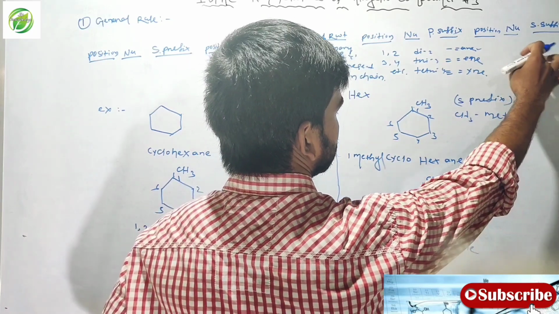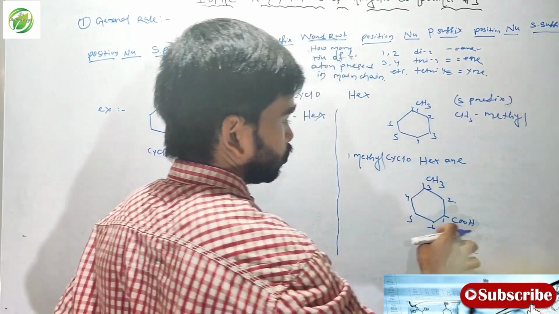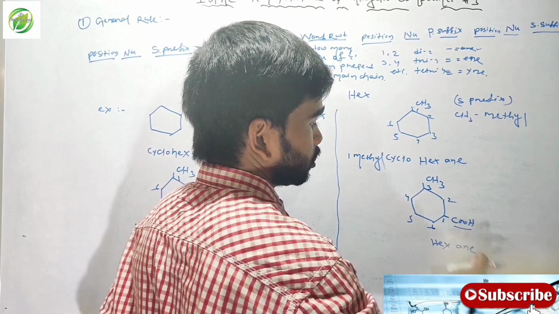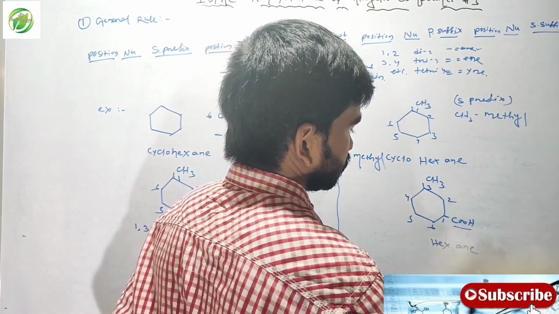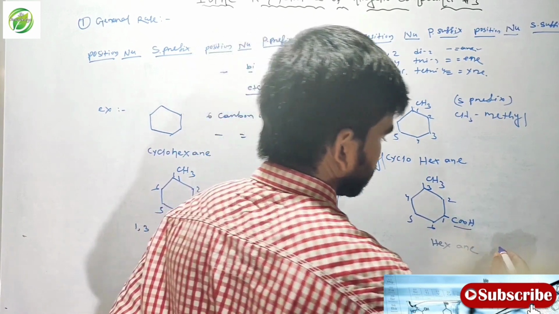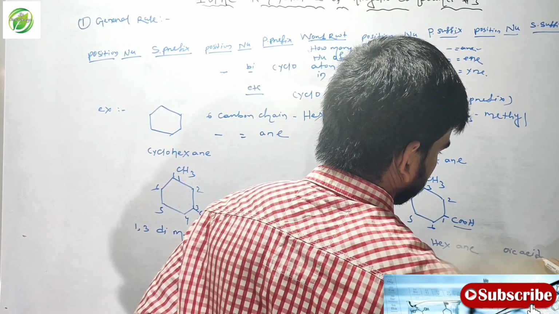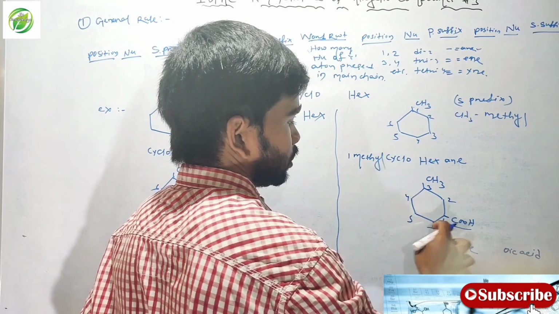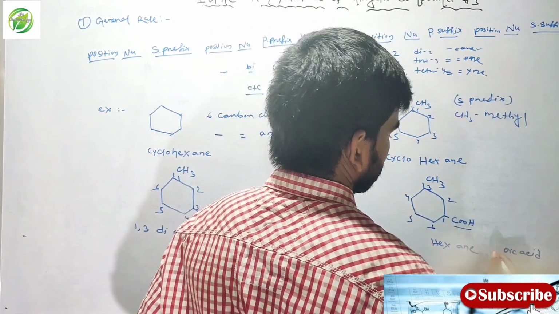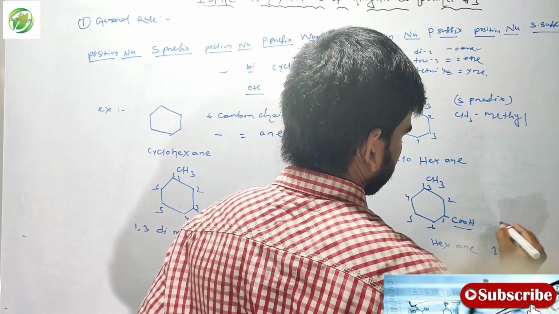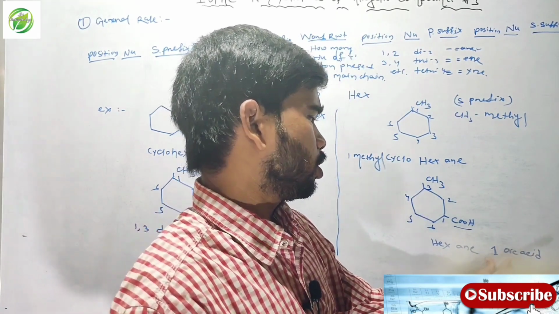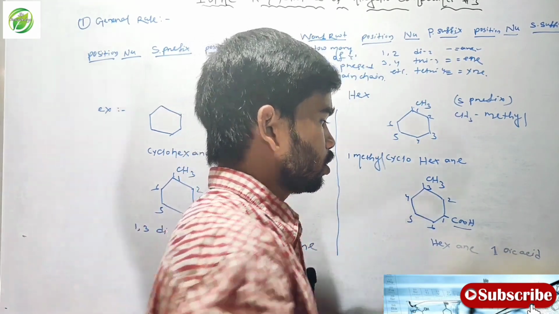Then secondary suffix: one secondary suffix is present as the functional group. For COOH, we use oic acid. This oic acid is present at position 1. We write 1 or omit it, because 1 is implied for oic acid.